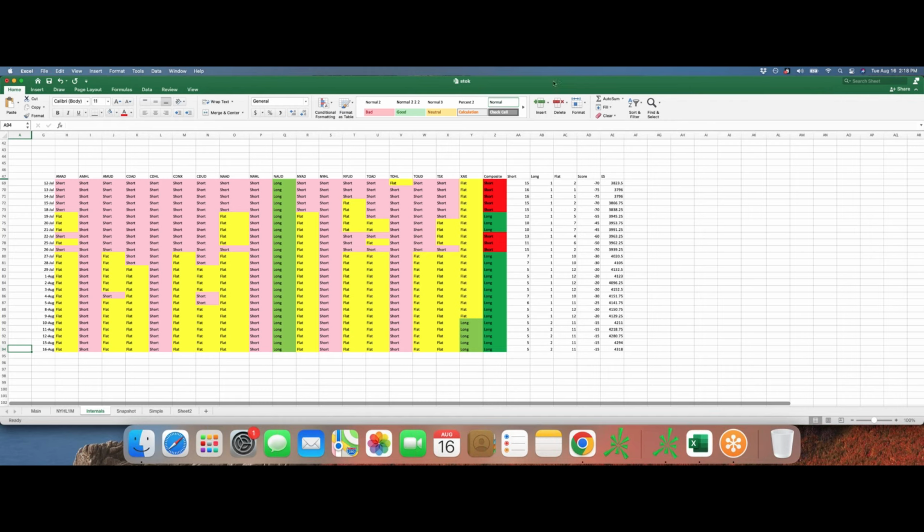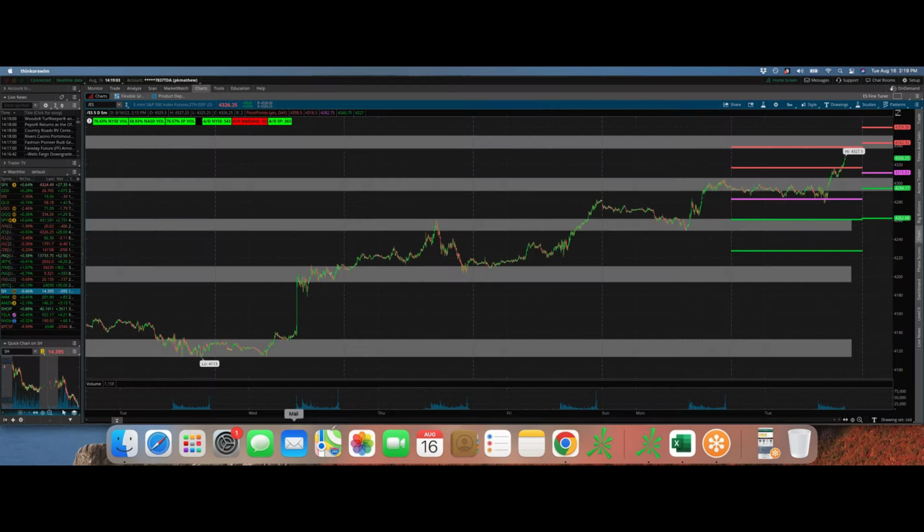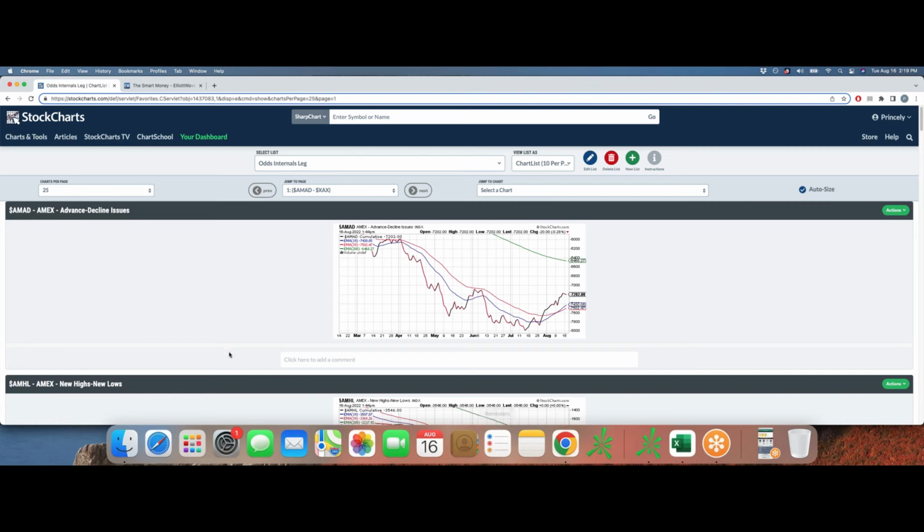Okay, and if we look at, I'll just go over the internals leg to show what we are looking at over here. Let's look at where the market is. It's still good.